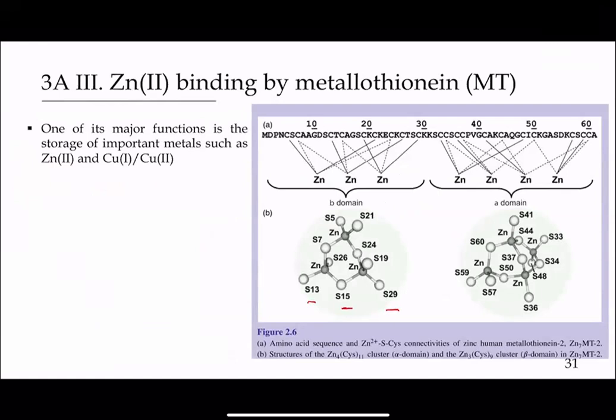So that beta domain is the part that coordinates the metal. The alpha domain are those amino acids. So that's just like the classical signature of what part of the protein coordinates and how many metals. So yeah, those numbers are coming from the primary sequence of it.